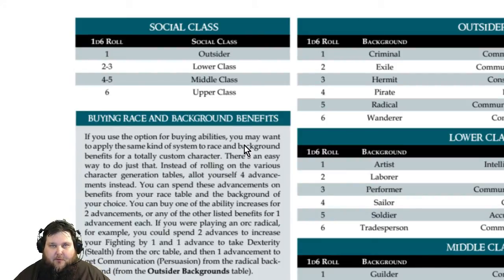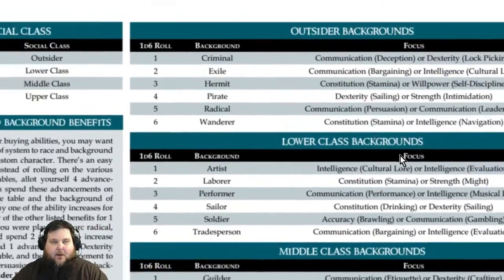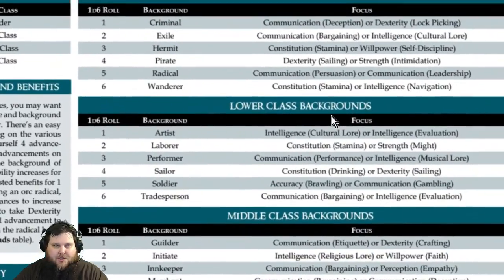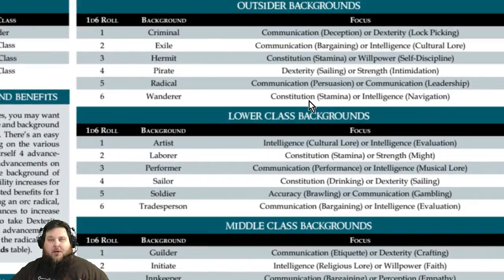A few things are basically tied to social class. The first and foremost thing is your background. Depending on what social class you have, you will get to choose between 6. If your dungeon master or game master allows you to do that, then fine. Or they may have you roll randomly also, and that's another d6 roll.